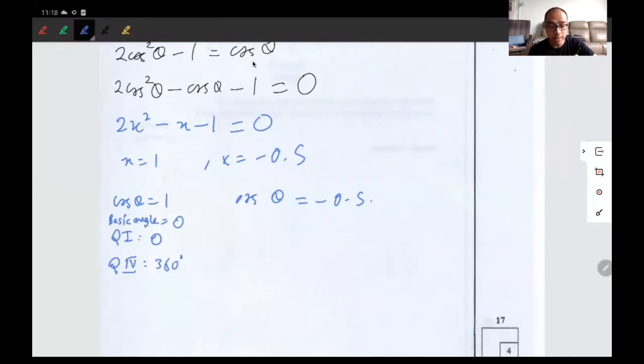Cos theta is negative 0.5. For my basic angle, don't take the negative 0.5. So shift cos 0.5 is 60 degrees. So cos negative is quadrant 2 and quadrant 3.